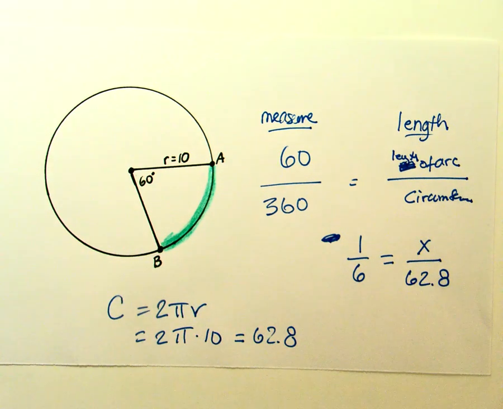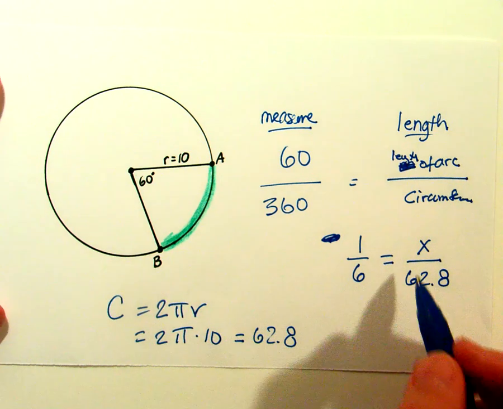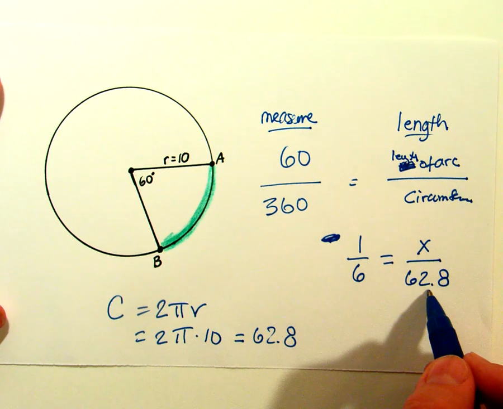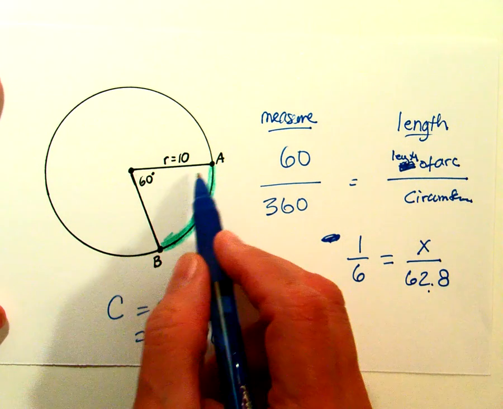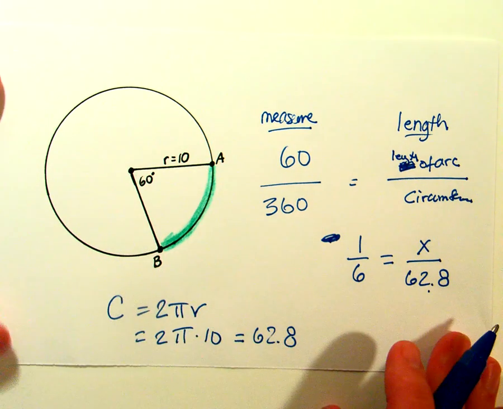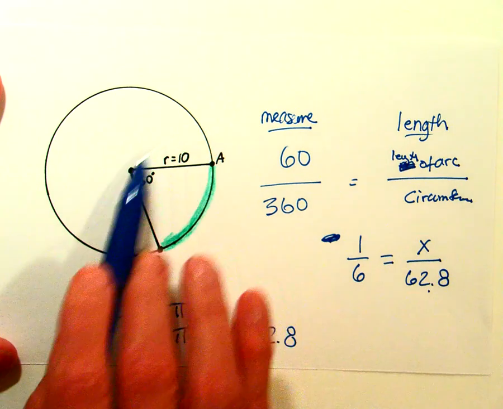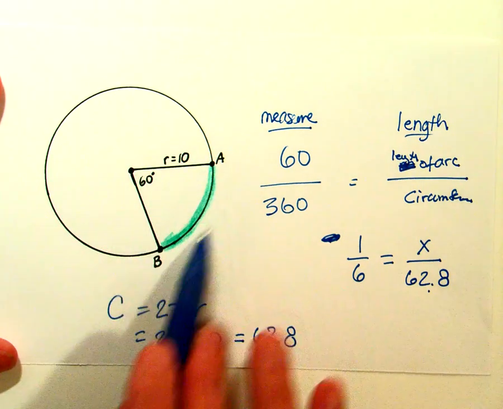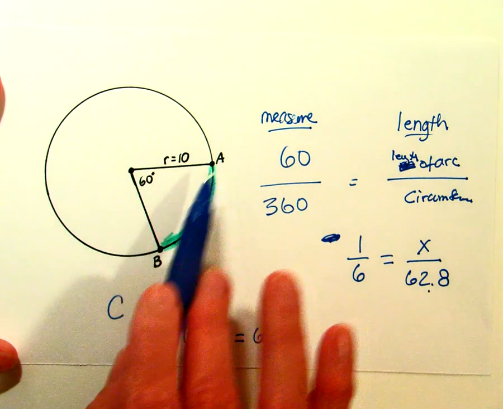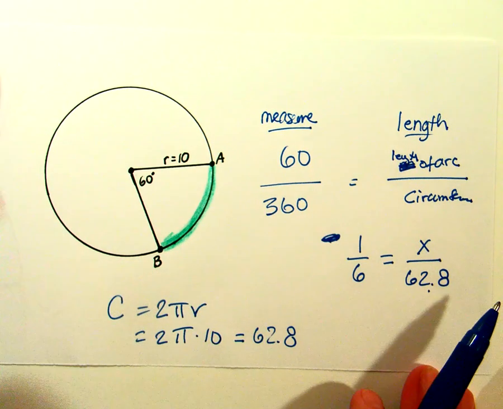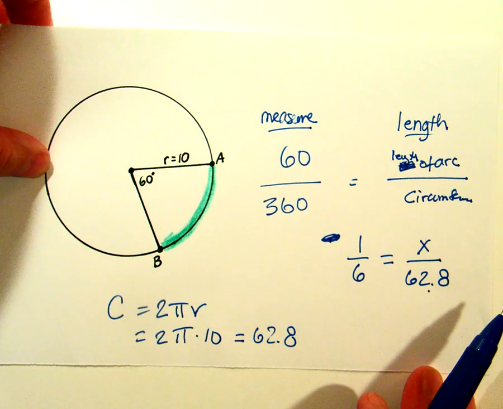Do I have my calculator? I don't have my calculator. But you get the idea. 6x equals 62.8, and that'll give you the length in actual ink, how much it's laid down. Do you see the idea? I hope you do. A sixth of the whole thing, a sixth of the central measure, a sixth of the actual length. It's the same fraction, it's the same proportion.